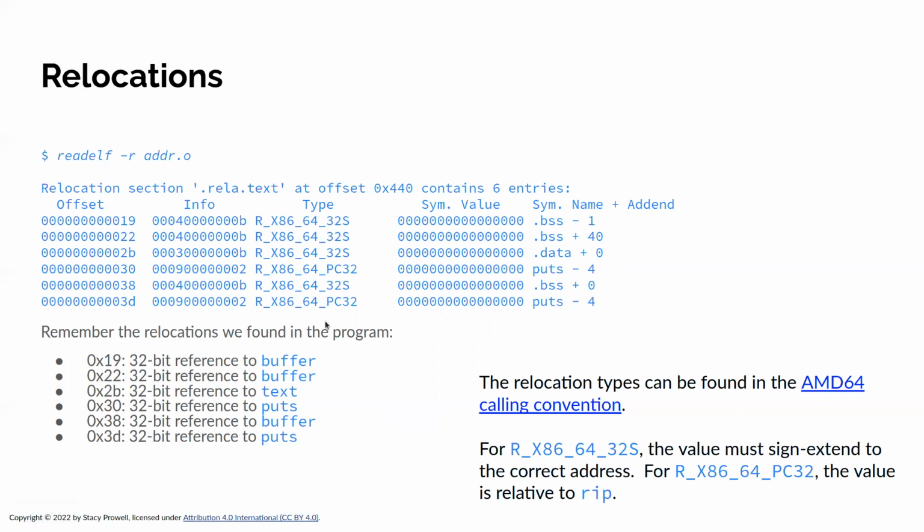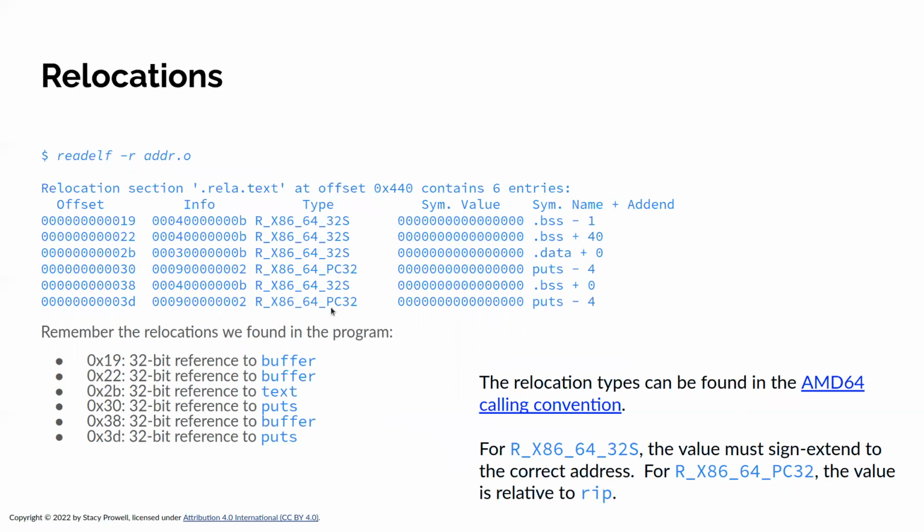If you want to know what these relocation types mean, that's in the AMD64 calling convention. Yes, the calling convention actually specifies this. For this one, the value must sign extend to the correct address. In other words, if I give you 4 bytes, I have to be able to sign extend that to an 8-byte address, and that has to be the correct address. For this one, the value is relative to RIP. So I'm giving you an offset relative to RIP.